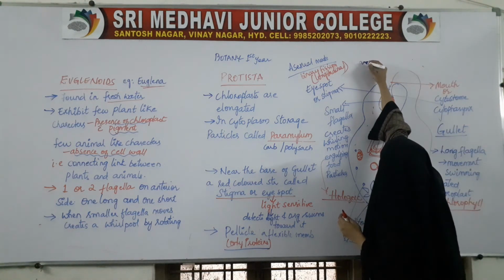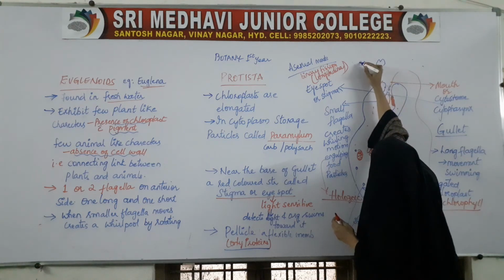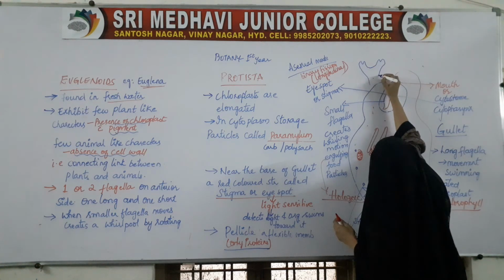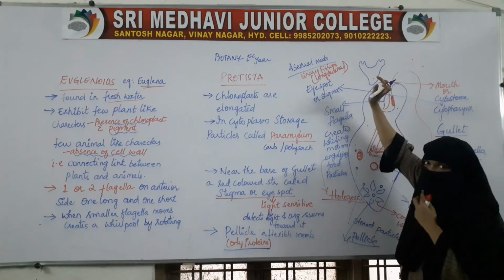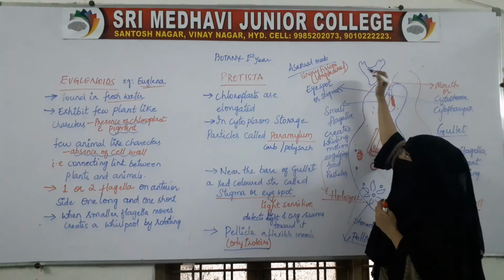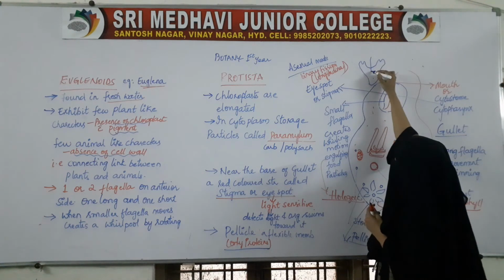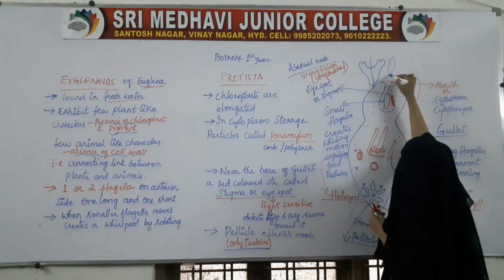At this time the body is one, but this part is divided into two, body is still one. Now, after some time this will totally split and forms two Euglena.